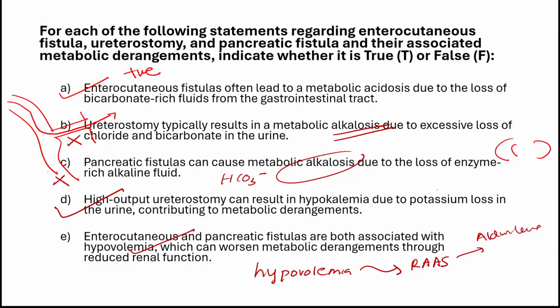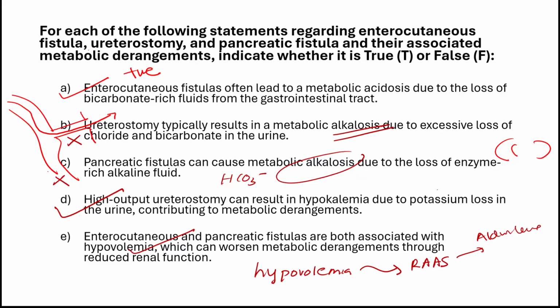There will be hyponatremia and hypokalemia along with bicarbonate loss leading to metabolic acidosis. True. And along with that, there will be hypovolemia as well. But something I need to emphasize is that there will be activation of the renin, angiotensin, aldosterone system, which will lead to secretion of aldosterone.